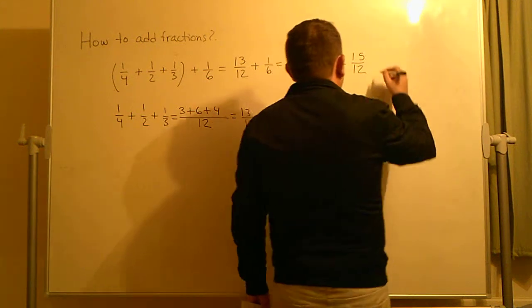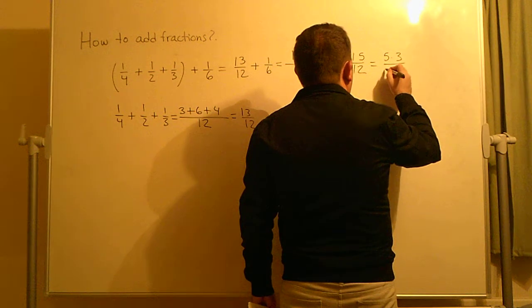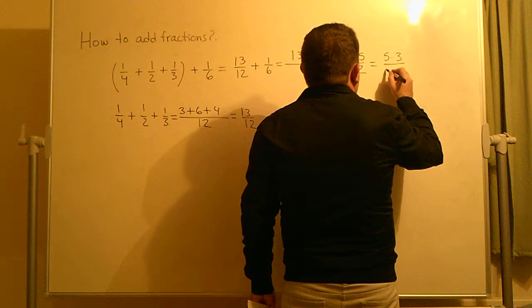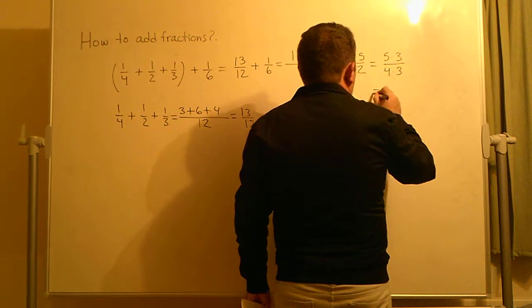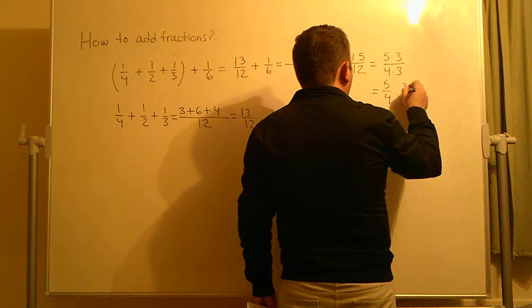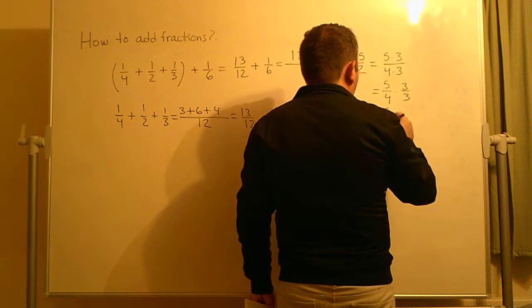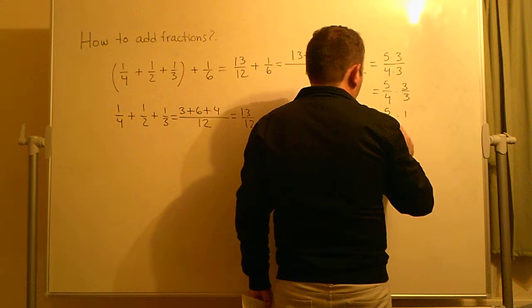And obviously 15 is equal to 5 times 3, and 12 is equal to 4 times 3, and then we can split this fraction up into 2, and then we will have 5/4 times 3/3, and then this would be equal to 5/4 times 1, and then we will have 5/4.